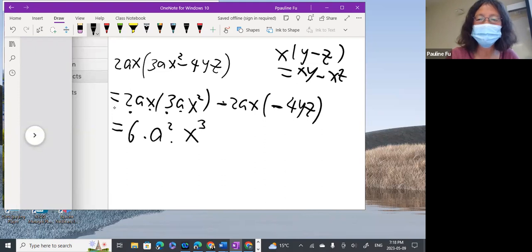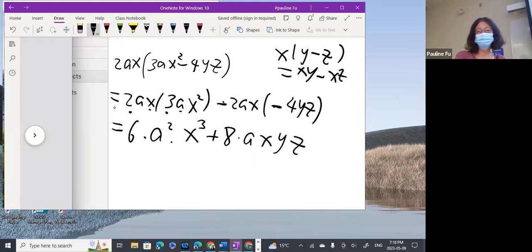Negative 2 times negative 4, positive 8. And you have a, x, y, z. This is the final answer. Questions?